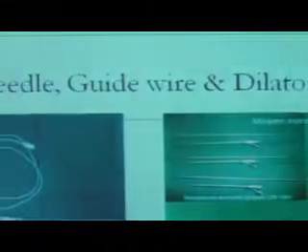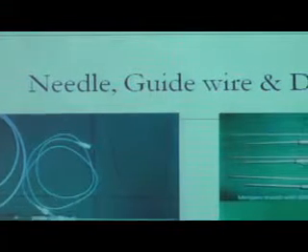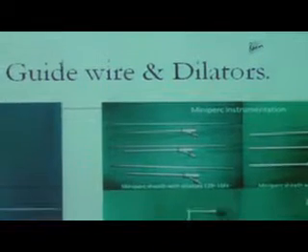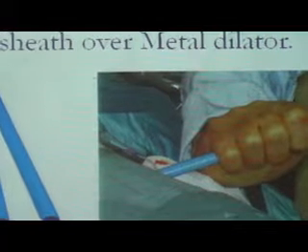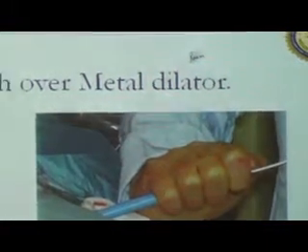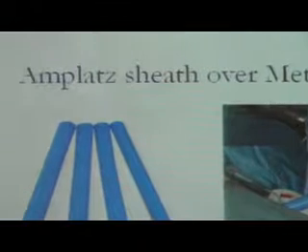So we will require a needle, guide wire, metal dilator, Amplatz and nephroscope. To complete percutaneous suprapubic lithotripsy, we will require this equipment: needle, guide wire, metal dilator, Amplatz and nephroscope. See in this picture how the Amplatz is being inserted over the metal dilator.